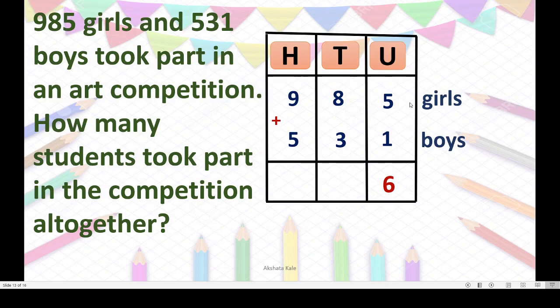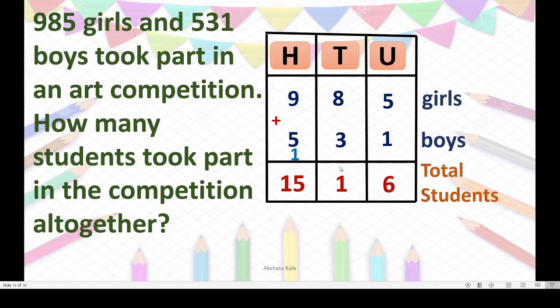Here we will do. 5 plus 1 is 6. 8 plus 3 is 11. Isn't it? 1 here. 1 is carried over. Then 9 plus 1 is 10 plus 5 is 15. Isn't it? So 1500, 10 and 6 units.